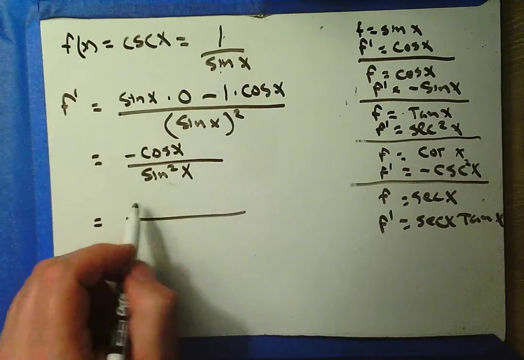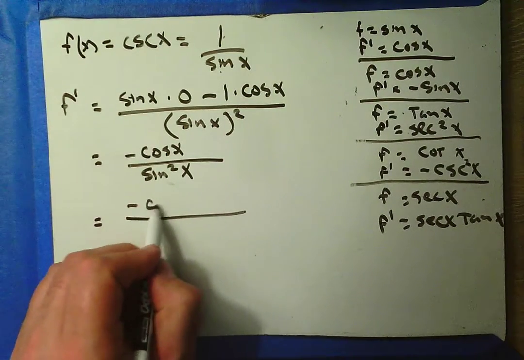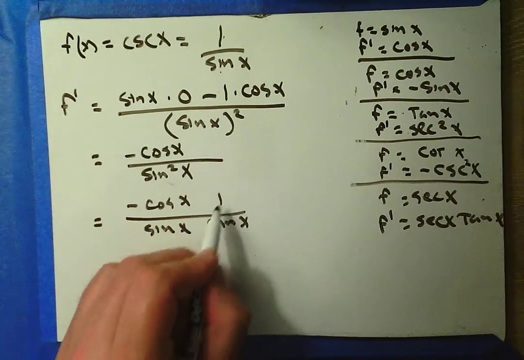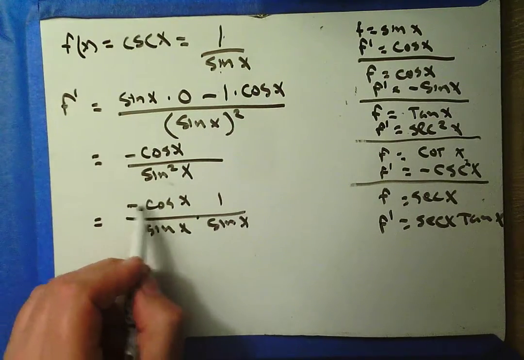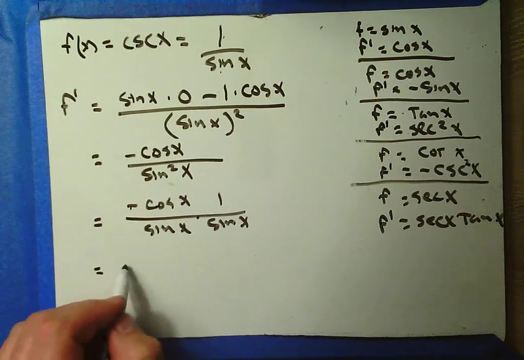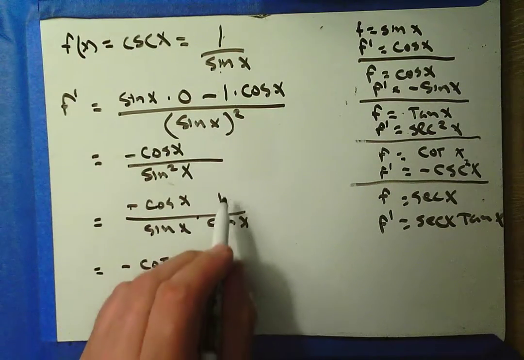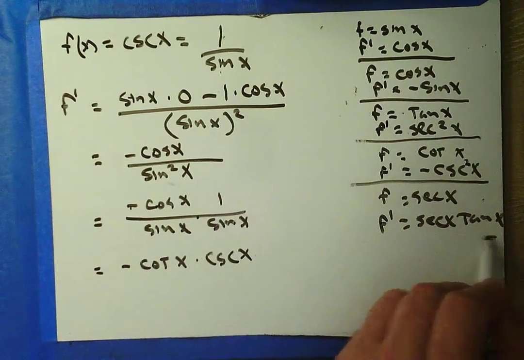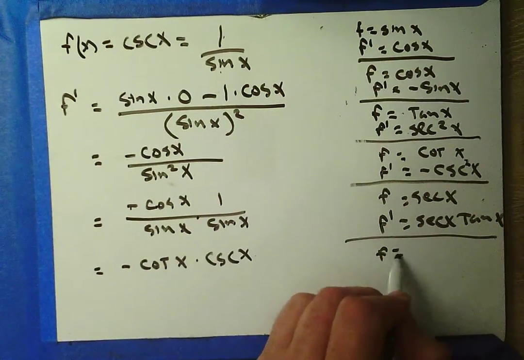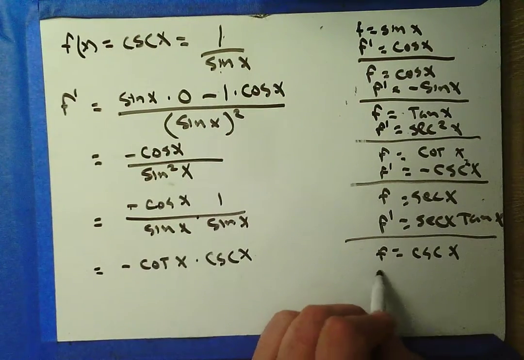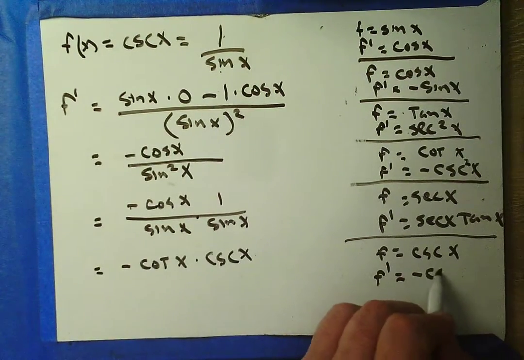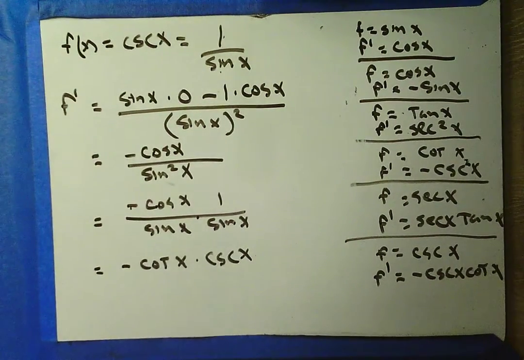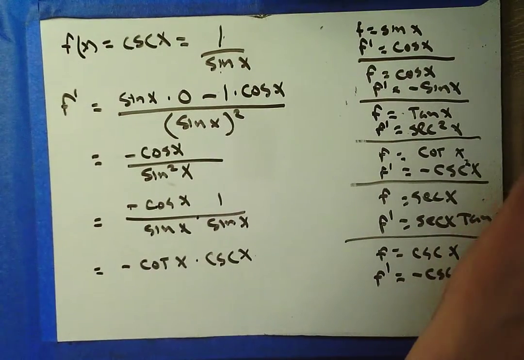And again, I'm going to split up that sine squared x into sine x times sine x. And notice we've got cosine over sine with a negative, so that's negative cotangent, and 1 over sine is cosecant. So then we know that if f of x is cosecant x, the derivative of that would be negative cosecant x cotangent x.